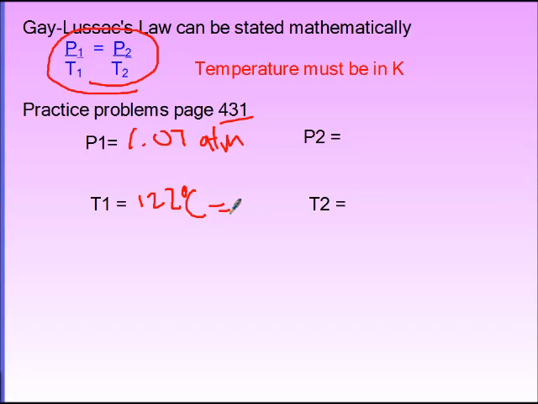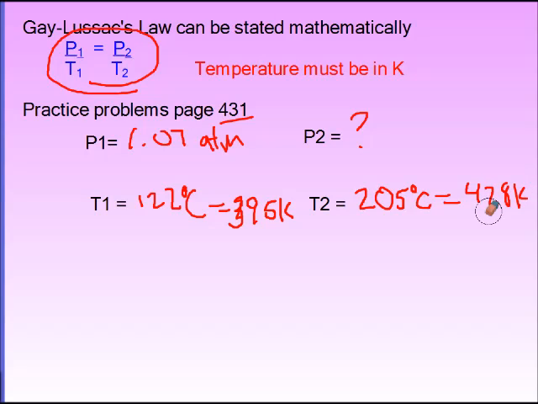Before I do anything else, I know I have to add 273 to get 395 K. I'm trying to find P2, and it told me that T2 was 205 degrees Celsius. Again, add 273, and I have 478 K. That's a 7, not a 2. Okay.